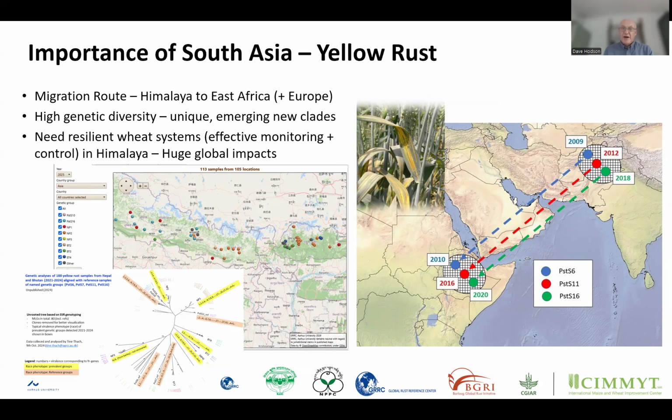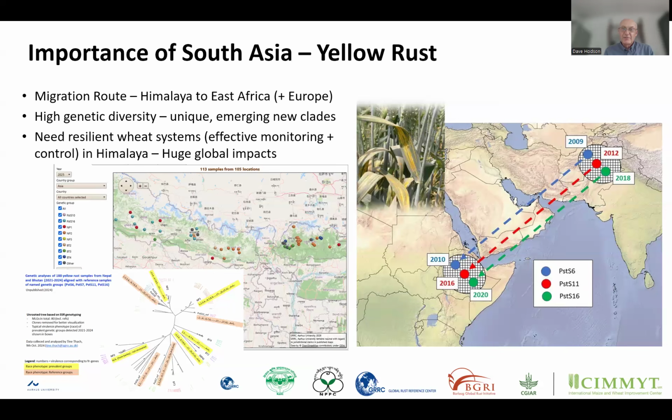What we see is very high genetic diversity for the yellow rust pathogen in the Himalaya region. We see the emergence of many new clades and important new races in this region.